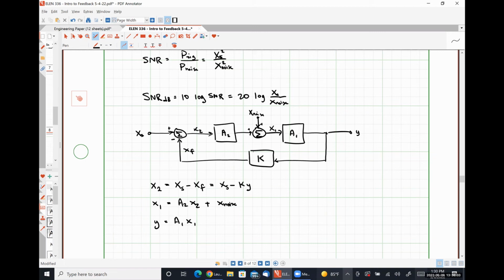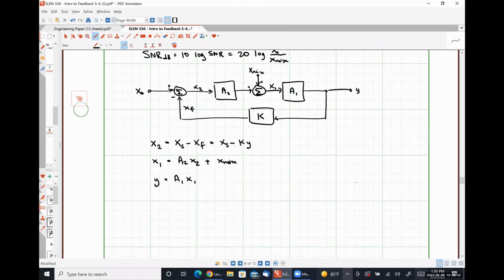All right. So now we're simply going to substitute in our relationships. And we should see that Y is equal to A1 times A2 times XS minus KY plus X noise.